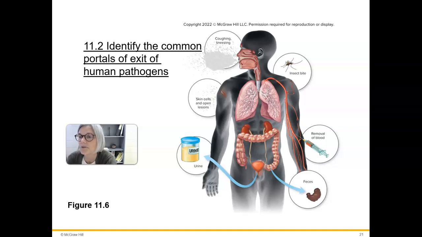So we want to stay away from skin cells, and open lesions can spread pathogens. So it's just going to depend on the pathogen, where it's in the body, and where the infection's occurring, where the portal of exit's going to be. It's just going to vary depending on the pathogen.